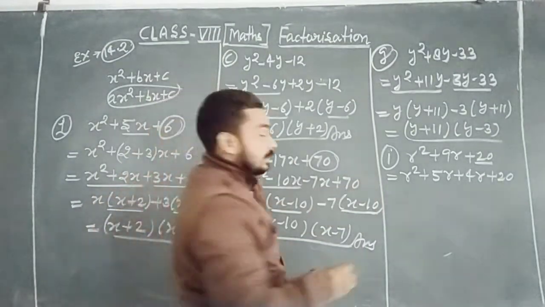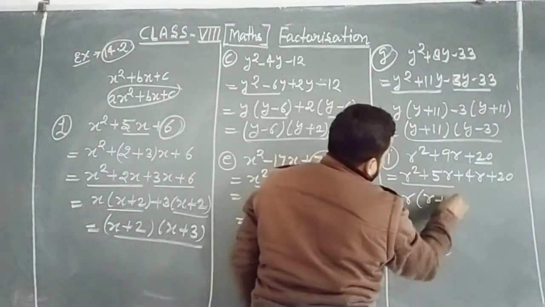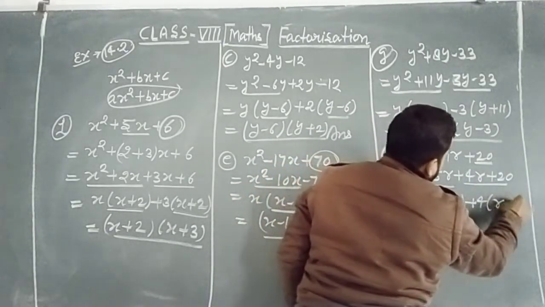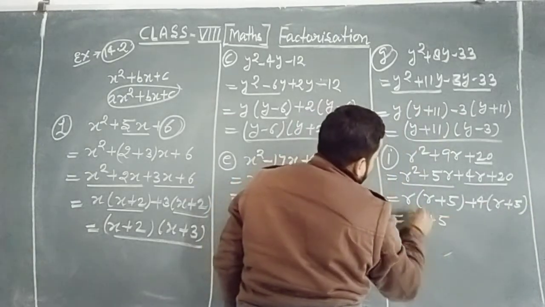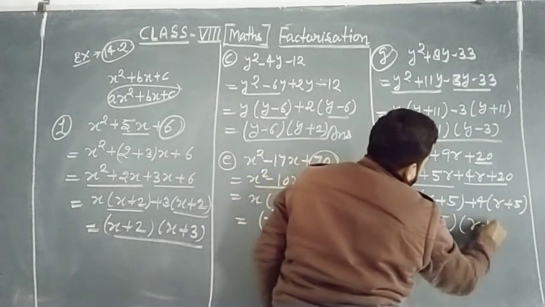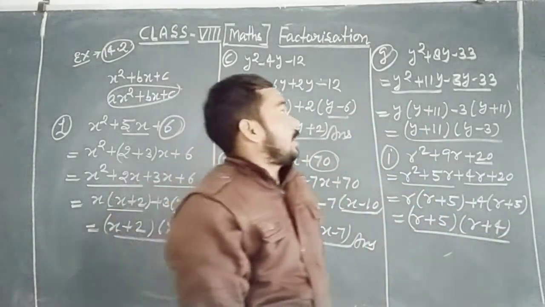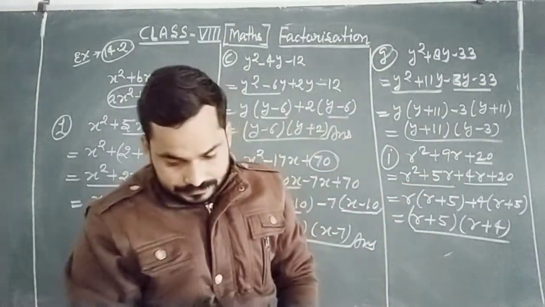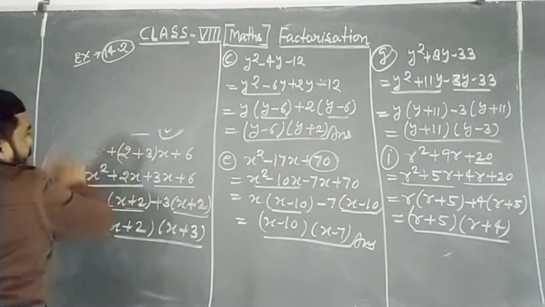Again taking common r in the first two terms, r plus 5, and 4 is common, r plus 5. So r plus 5 is common, so r plus 5 and r plus 4. These are the factors of r square plus 9r plus 20. This is how we have factorized question number 1.